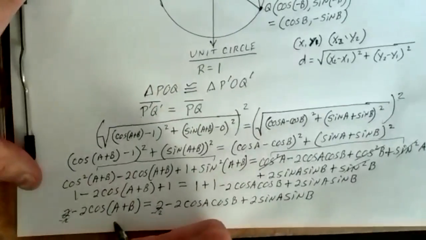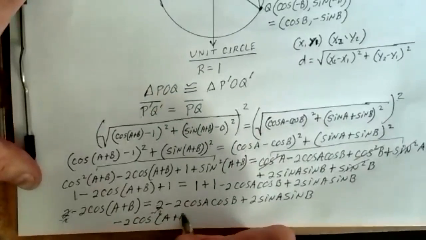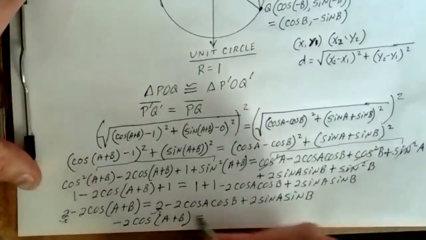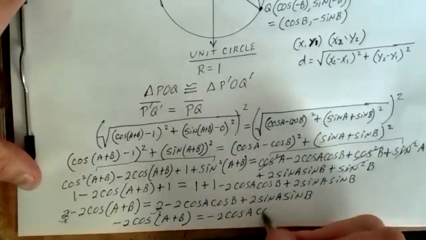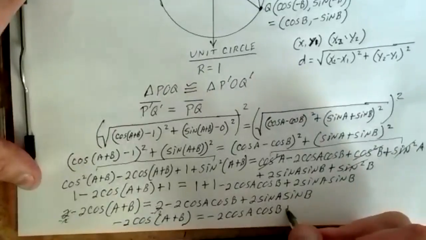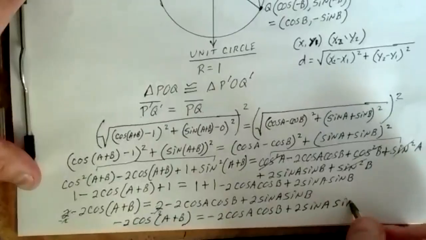So we got this thing down to now -2 times the cosine of A plus B equal to -2 cosine A cosine B plus 2 sine A times sine B.